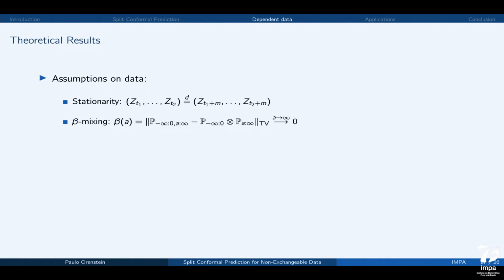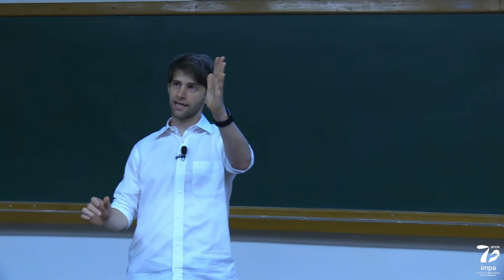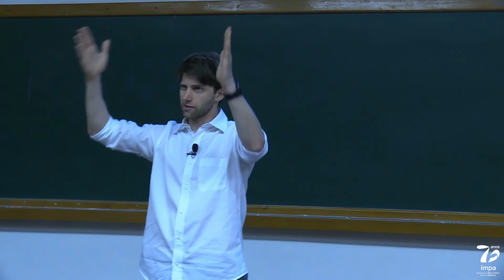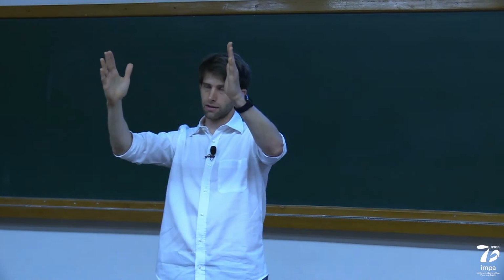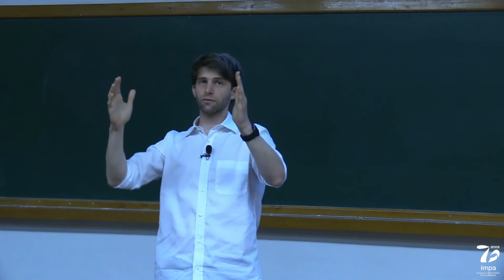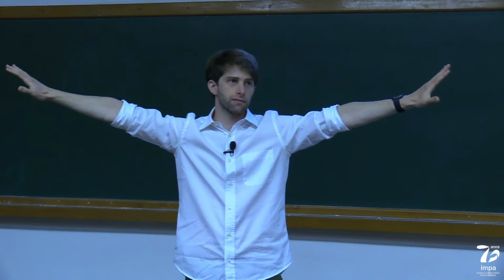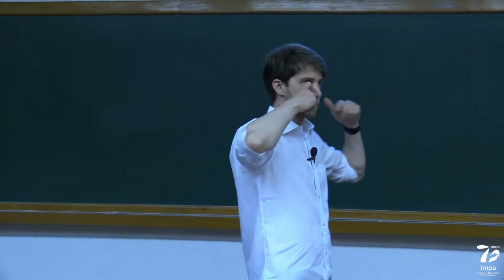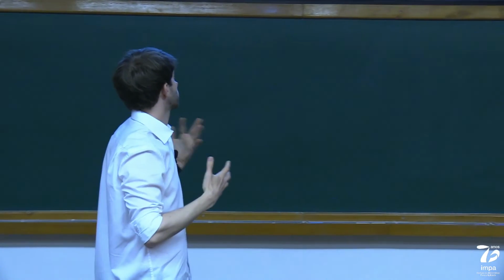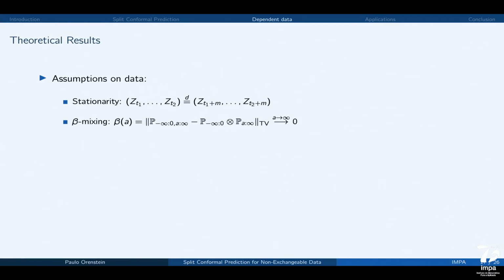If you look at the beta mixing coefficient, beta(a), this is measuring the distance between two distributions in total variation. First, I look at my data from time minus infinity to 0, and then from time a to plus infinity, so there's a block of size a that I'm keeping apart. There's this distribution, and there's a distribution where these two things are completely independent. So this beta mixing coefficient is measuring how close to independence I am if I take a block of size a out.